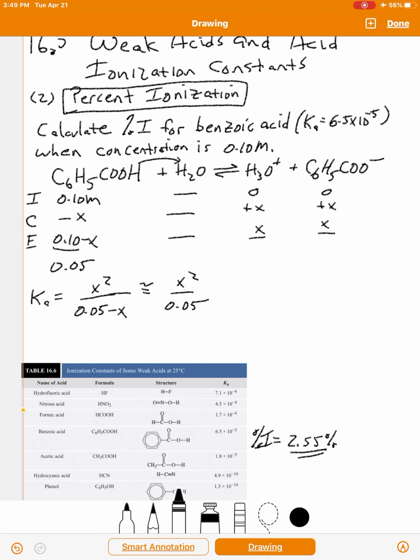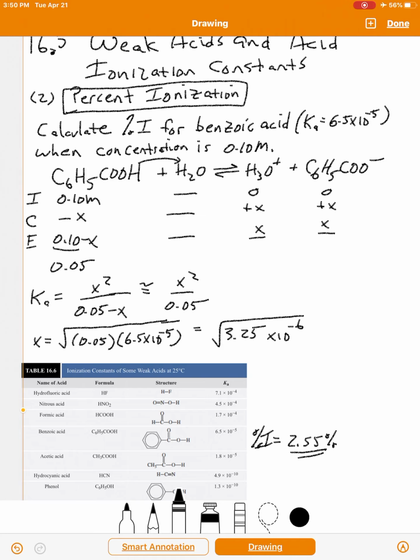Okay? So if you then plugged it in, you would have x is equal to the square root of 0.05 times 6.5 times 10 to the minus 5. And that's 3.25 times 10 to the minus 6.